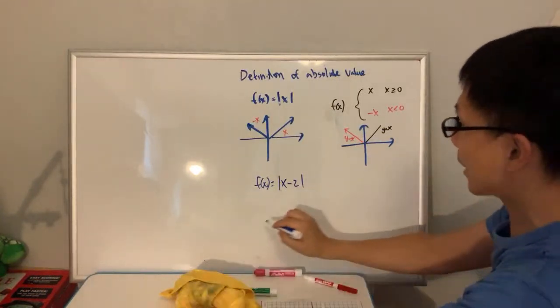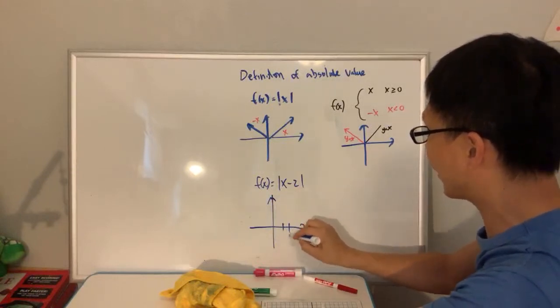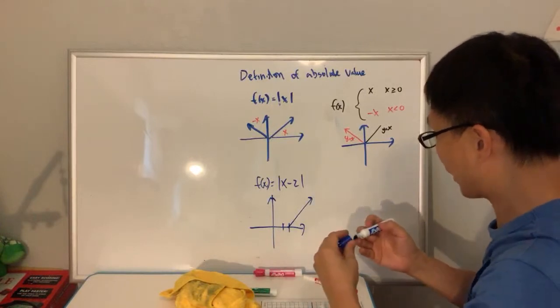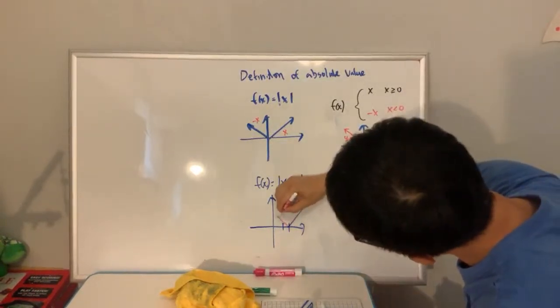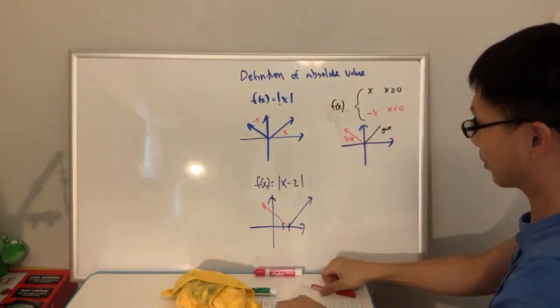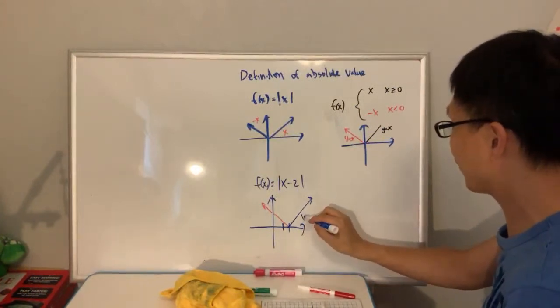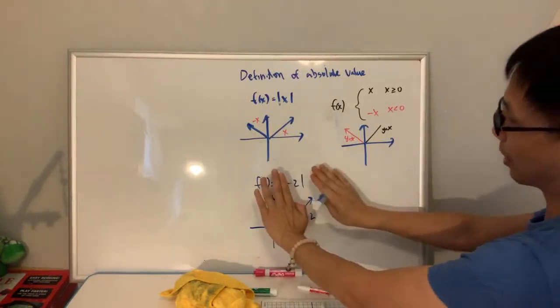So in this case, I can redraw this and write it in terms of a piecewise function, one and two. This part is going to be blue, and this part is going to be red. This blue part of the function, if I extend the line, is just x minus 2, the positive part, like normally with the absolute value function.